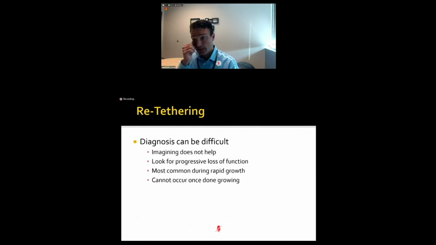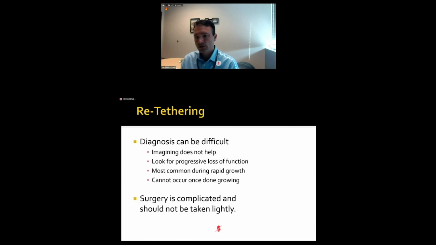It can be difficult to diagnose retethering. You're looking again for symptoms of the tethered cord syndrome, so progressive loss of function, whether that's bowel or bladder function, or problems with the lower extremities, changes in the feet. It does happen more commonly during rapid growth, and once you're done growing, you can't get retethering.